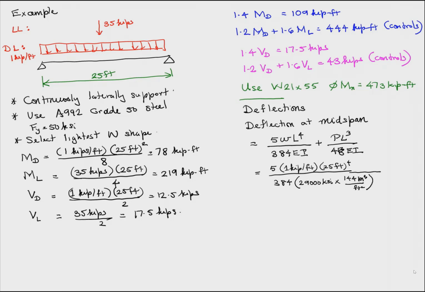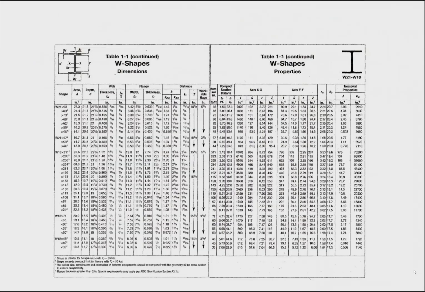And we need to look up I, so we go again to the AISC tables and identify W21 by 55, and we see that its Ixx is 1140 inches to the power of 4.